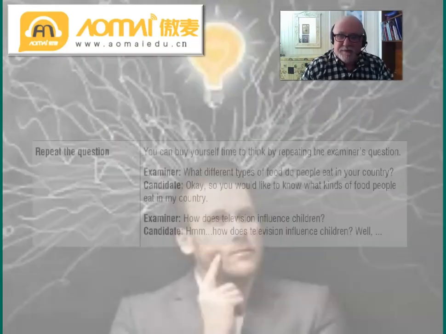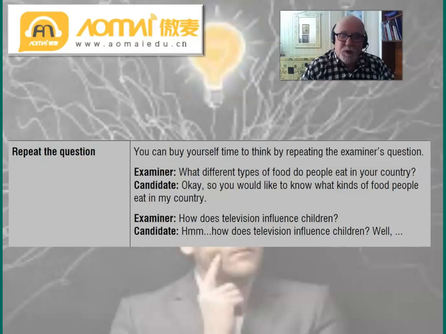All right. So one of the techniques we can use is to repeat the question. You can buy yourself time to think by repeating the examiner's question, and in everyday conversation we often do this to clarify what somebody is asking us. See, here's an example. The examiner might ask you something like, what different types of food do people eat in your country?